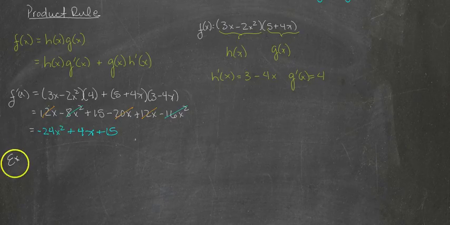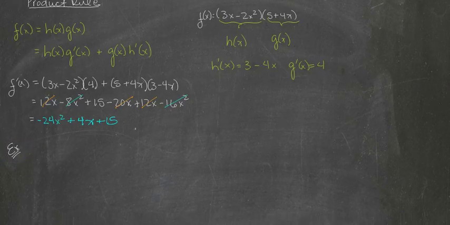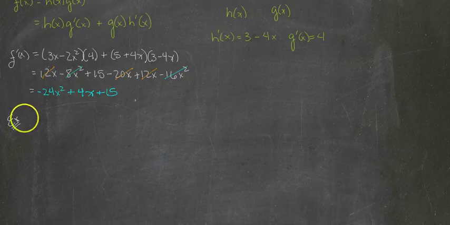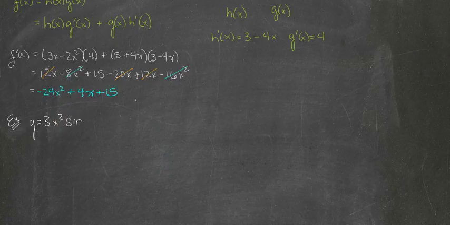So let's do an example using the product rule. Find the derivative of y equals 3x squared sine x. I could actually have this be 3 products, which would mean I'd do the product rule once and then do it again. But I think 3x squared, the polynomial, is pretty easy to find the derivative of, and sine x is easy, obviously, to find the derivative of.